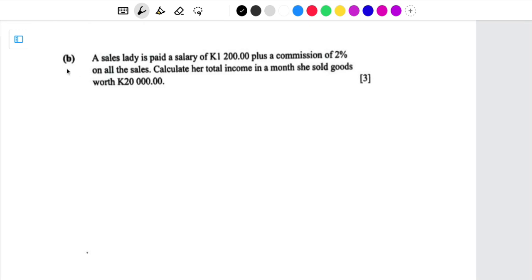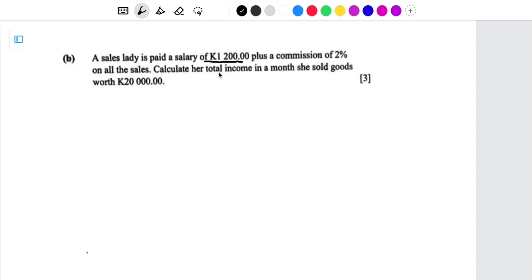Then here, question B. A sales lady is paid a salary of 1,200. So this is the salary, okay, plus a commission of 2% on all sales, or on all the sales.